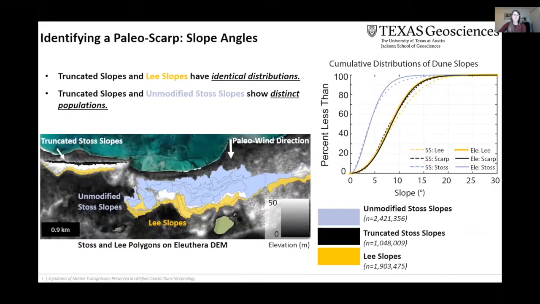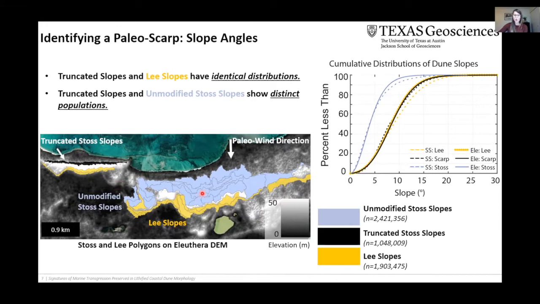The first that we've used is slope angles, and here we show examples of a paleoscarp in black and then an unmodified dune in lavender. We call the unmodified dunes anything that doesn't show the morphologic signatures of post-depositional erosion.